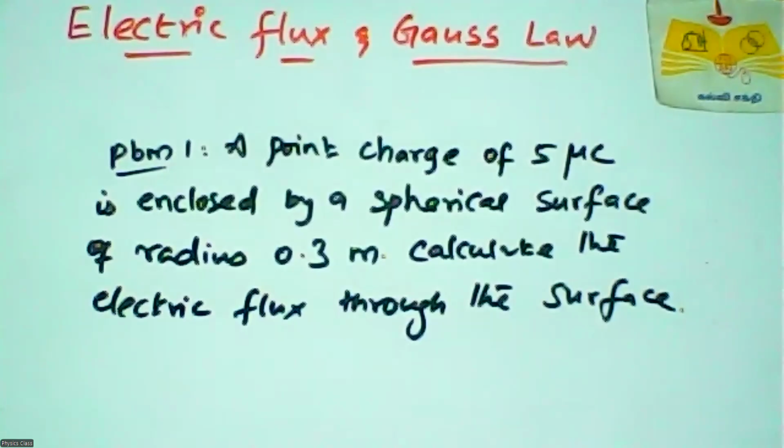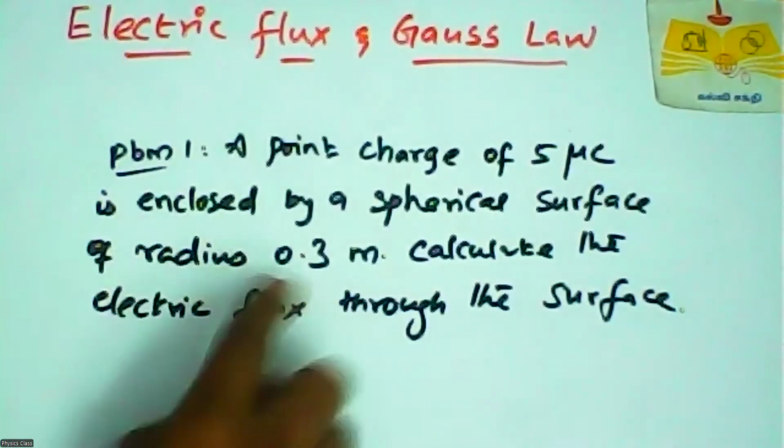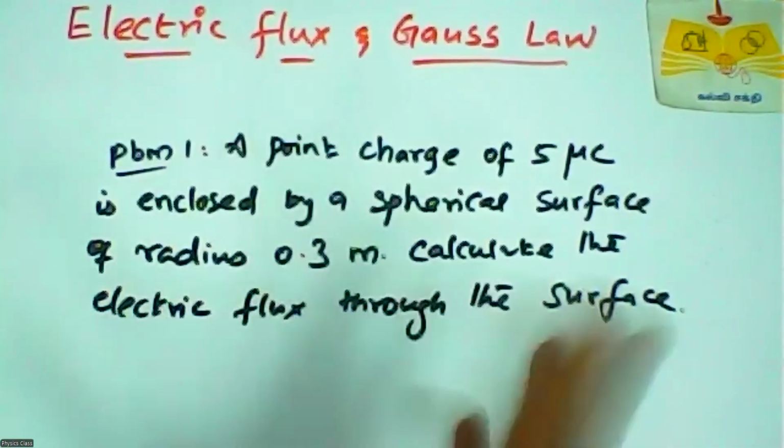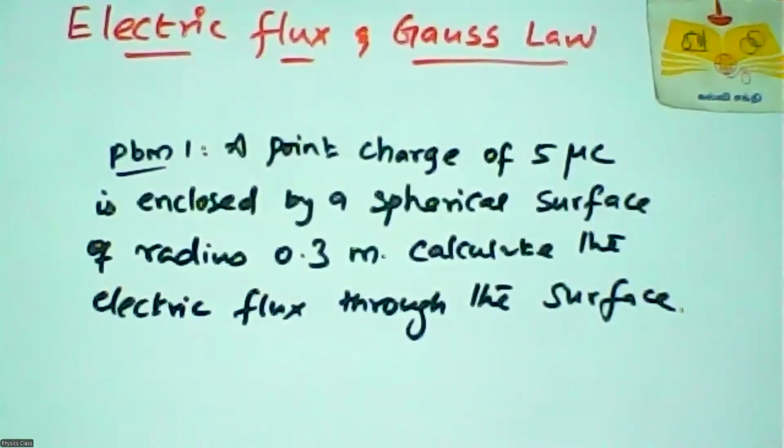A point charge of 5 microcoulomb is enclosed by a spherical surface. Already we know that for a point charge, the ideal Gaussian surface is a spherical surface, of radius 0.3 meter. Calculate the electric flux through the surface.